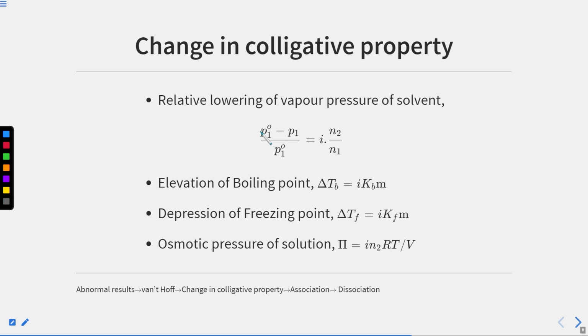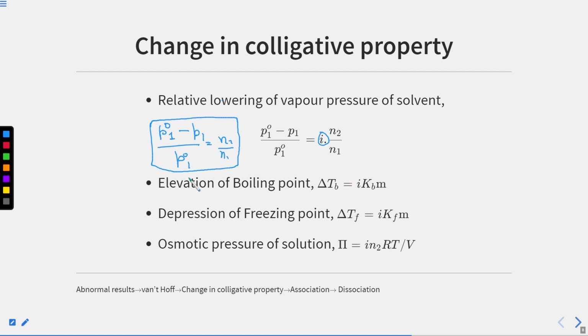Initially, from the previous class, the formula was (P01 minus P1) by P01 equals n2 by n1. Now we have introduced this factor i and multiplied by i.